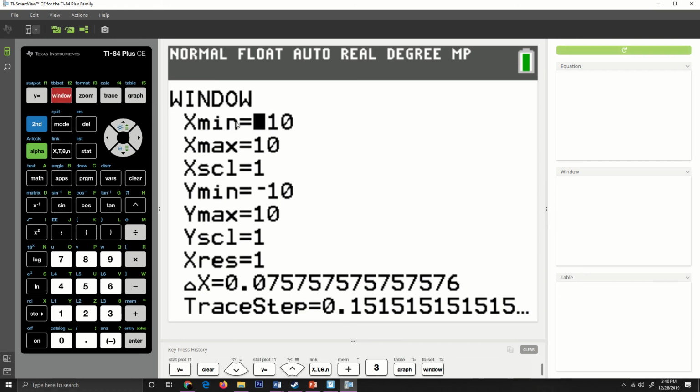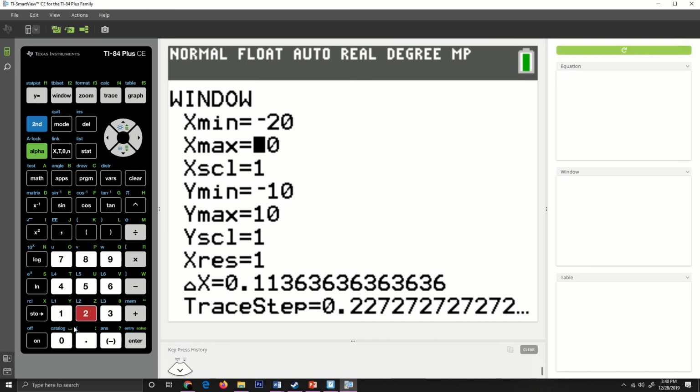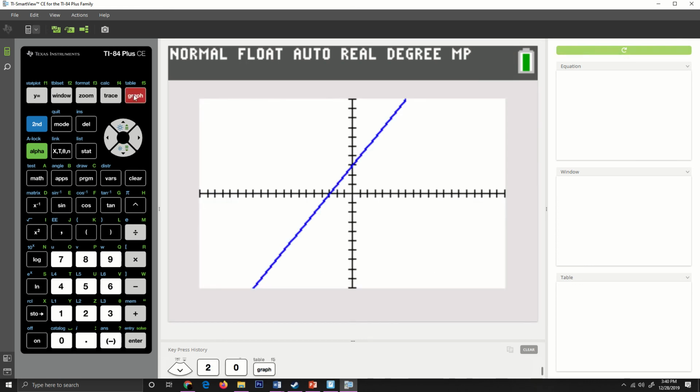We can just edit them. So if I wanted to make it even wider, I could go from -20 to +20, and if you hit graph, you'll see something that looks like that, and you'll notice that there are a lot more tick marks along the x-axis here.